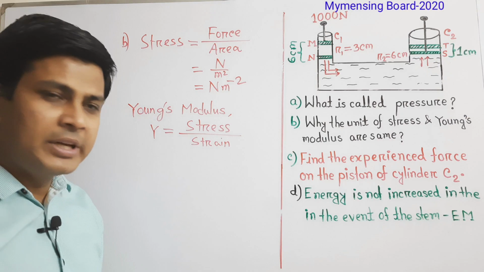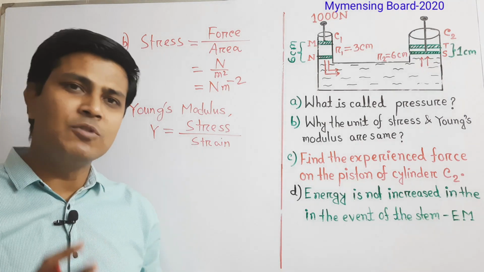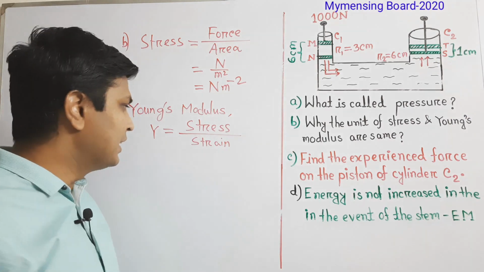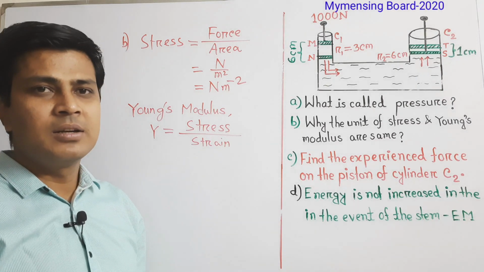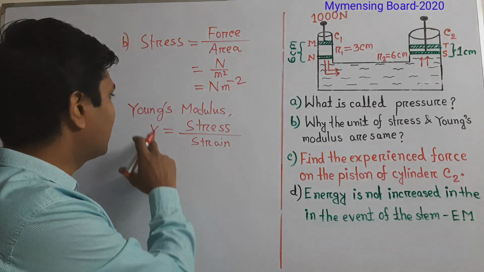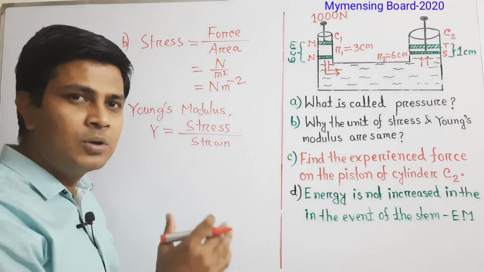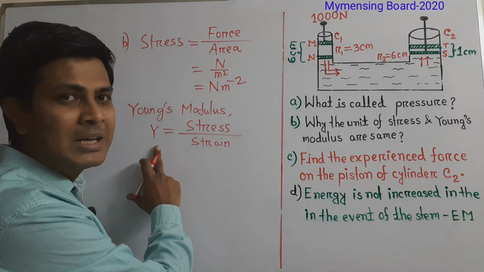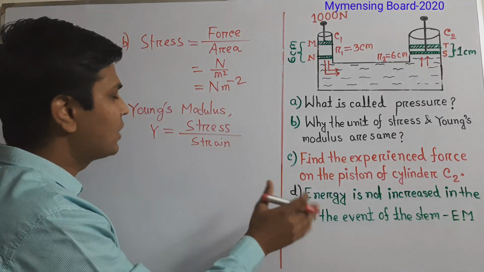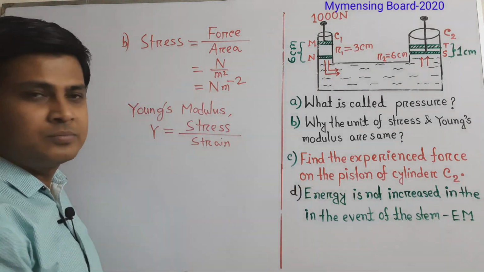As the strain is the ratio of the same quantity, there is no unit of strain. So the unit of Y or Young's modulus only depends on the stress. So the unit of Young's modulus is equal to the unit of stress.